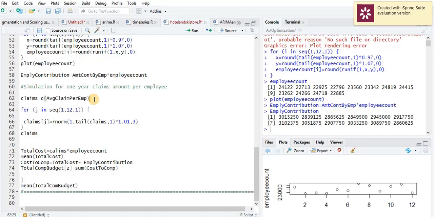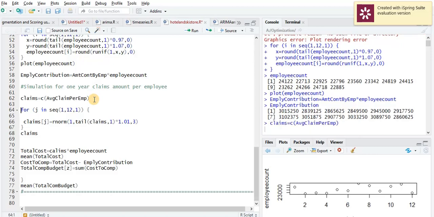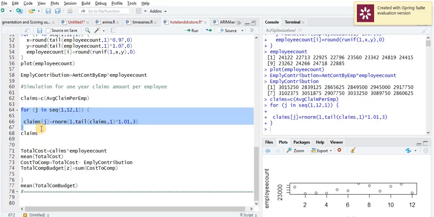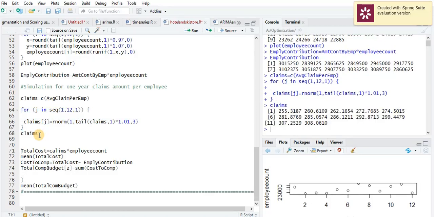We will take these claims into one array and simulate across 12 months. When we look at the claims data, here is how much it varies across the 12-month duration, from $255 to $308, since it follows a normal distribution.